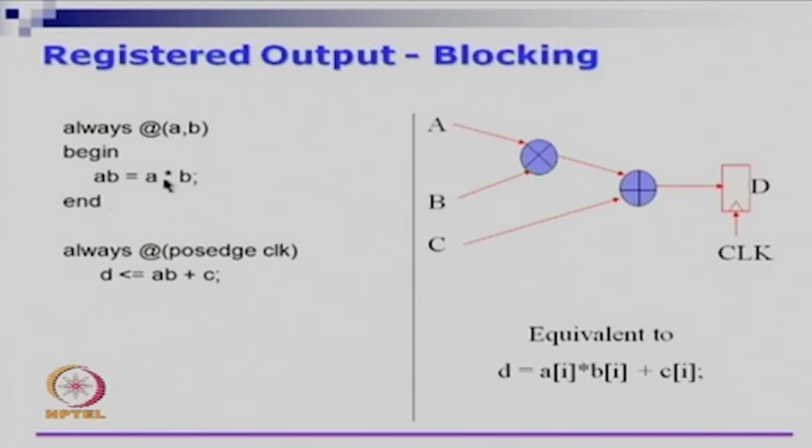This star means multiply, so AB is A times B infers this part of the circuit where you have A and B as inputs and there is a multiplier.